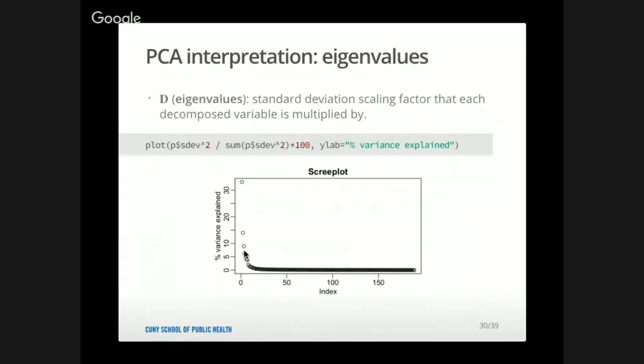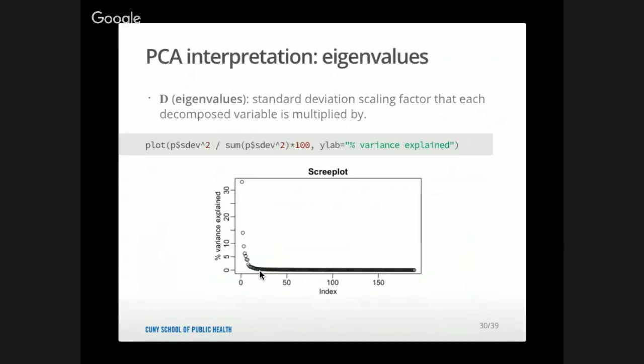And this produces what we call a scree plot, which is the percentage of the total amount of variance across all of the decomposed variables for each one of them. And you see how they're ordered. The first one has the highest standard deviation and variance, and then they're monotonically decreasing.